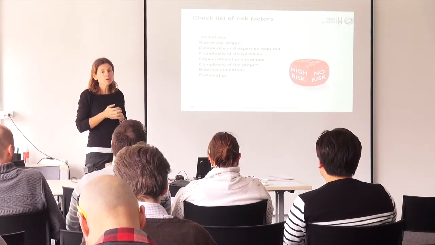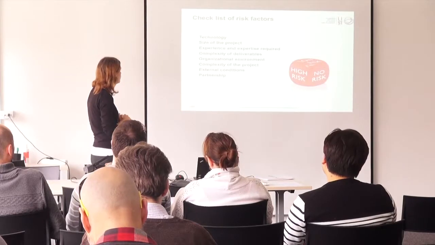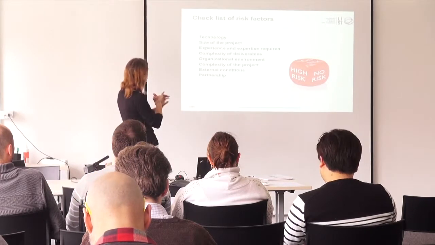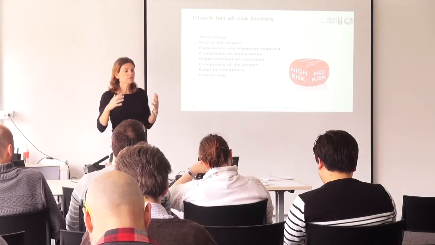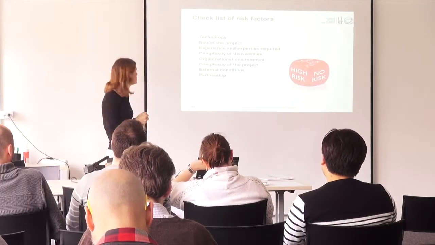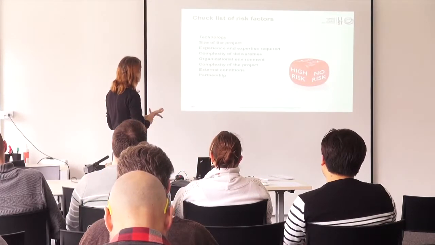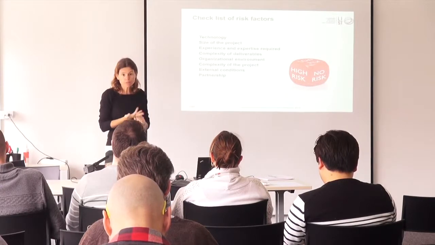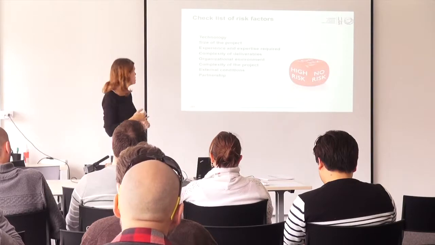Yeah, so if we want to think about a few categories of risks, we've talked already about technology. Is the technology we're going to use a source of risk? The size of the project, the complexity of the project, the competencies, the expertise, the experience that I need.